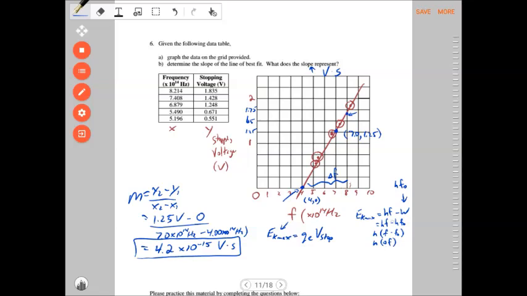Tell you what, this is the EK max, so let's substitute that over here: H times delta F equals QE times V stop. Now look, our frequency is our X, our V stop is our Y.